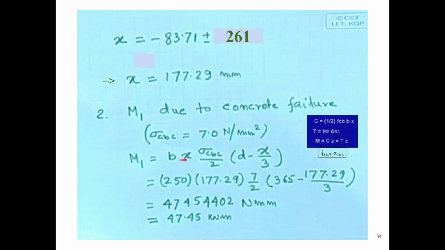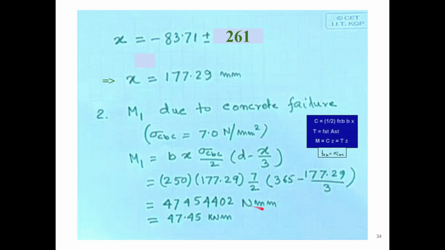The compressive force is half into sigma CBC into x into b. So b is 250, x we found out is 177.29, and sigma CBC is 7, divided by 2, into 365 minus x, which is 177.29, by 3. Solving this, we get 47.45 kilonewton meter. That is the moment carrying capacity of the RCC section if we consider it due to the concrete, the concrete moment carrying capacity through compression.